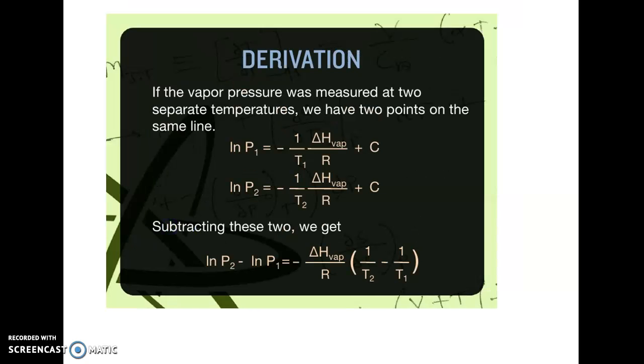If the vapor pressure is measured at two separate temperatures, we have two points on the same line. ln P1 is equal to minus 1 upon T1 times delta H of vapor divided by R plus C. Similarly, for temperature 2, ln P2 is equal to minus 1 upon T2 times delta H of vapor divided by R plus C. Subtracting these two, we get ln of P2 over P1, which is equal to minus delta H of vapor divided by R into 1 upon T2 minus 1 upon T1.